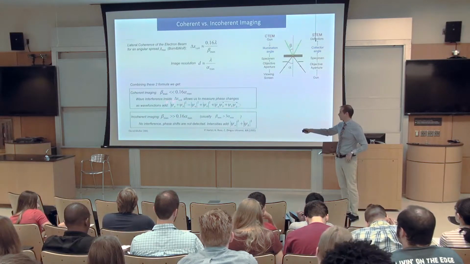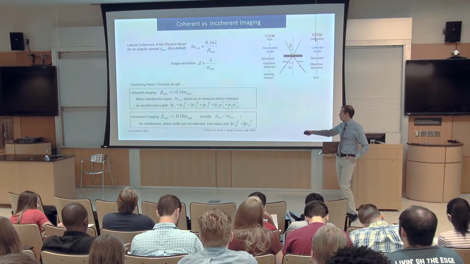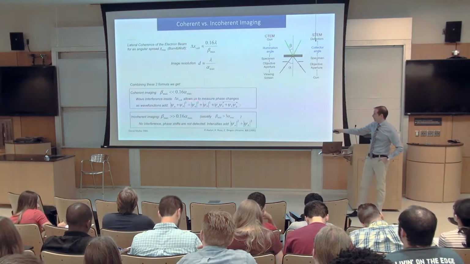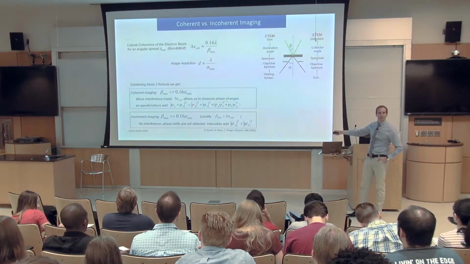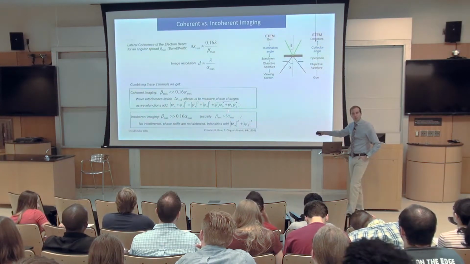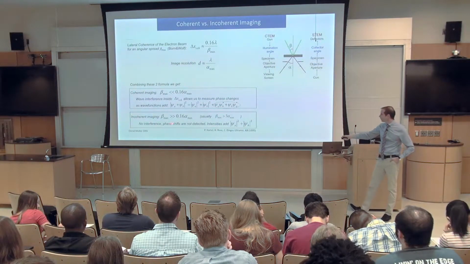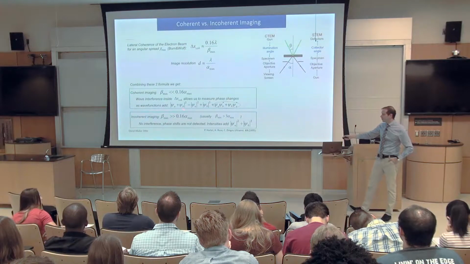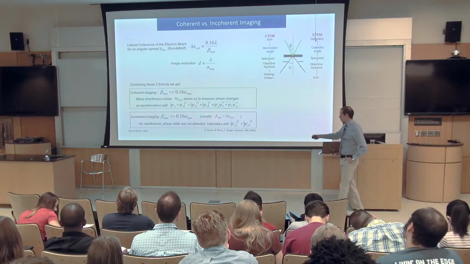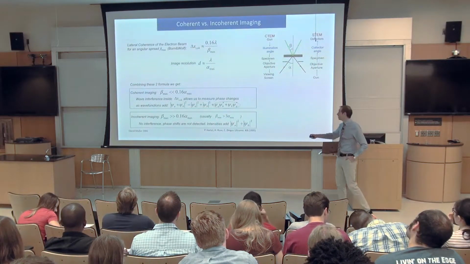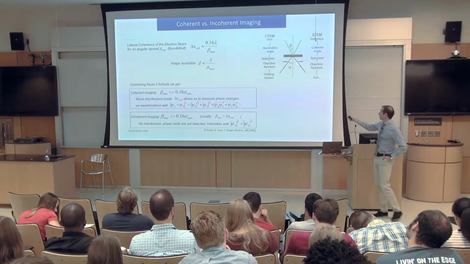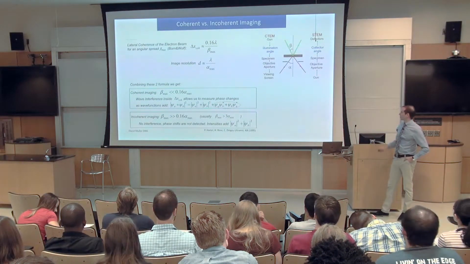Let's look at two wave functions, psi A plus psi B. The amplitude squared will have the intensity of psi A, the intensity of psi B, and cross terms. So these will give interference effects between waves. In incoherent imaging, when beta is much larger than alpha, it turns out beta needs to be about 3 times alpha. So beta needs to be much larger, 3 times the size of alpha.